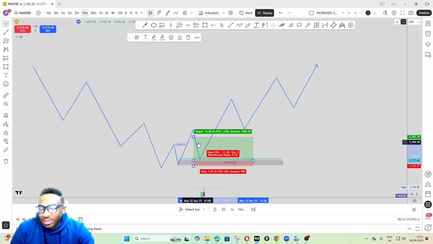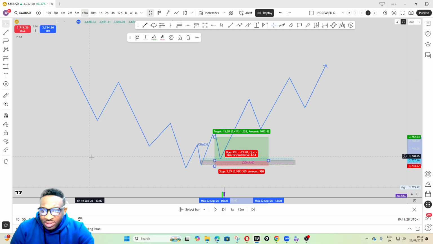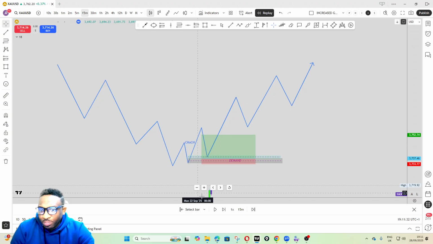In this kind of scenario, you could be targeting some areas, previous highs, as the market makes its way to the upside. This over here could be one area we could be targeting, from this point to this high.